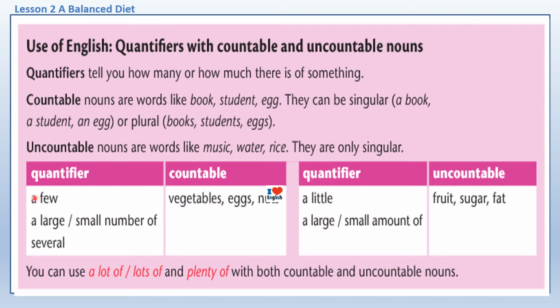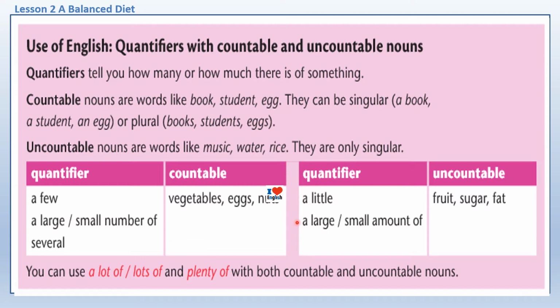We have some quantifiers that can be used only with countable nouns: a few, a large or small number of, several. So we can say a few vegetables, a large number of eggs, several nuts.